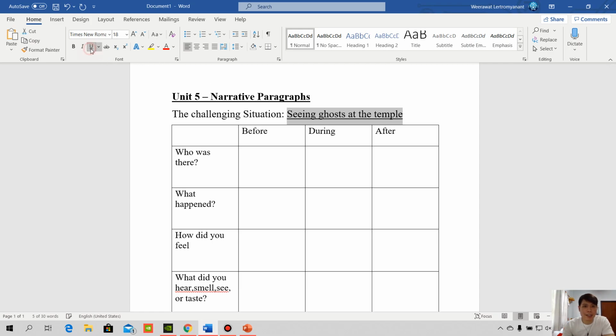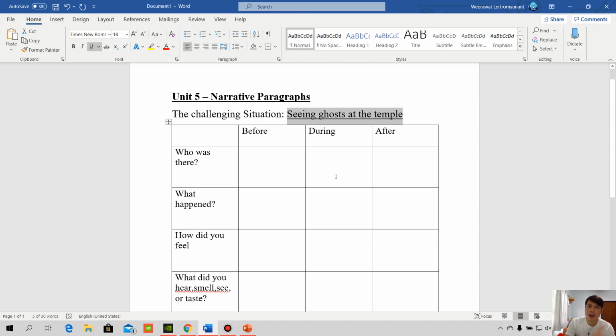So this is my challenging situation, but you can think of your own. Who was there? You have to know that this situation, seeing a ghost at the temple, is something that already passed.